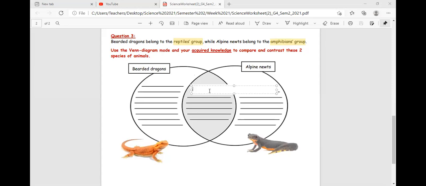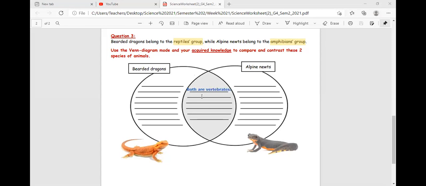Both are reptiles. Who said? The first one, reptiles group. The second one, amphibians group. They are not in the same group. Both are what? Both are vertebrates. Thank you.